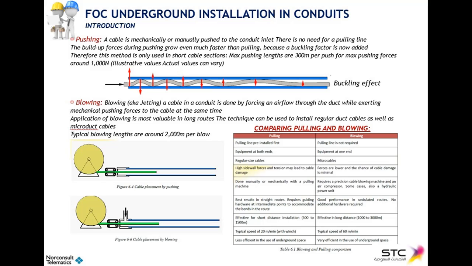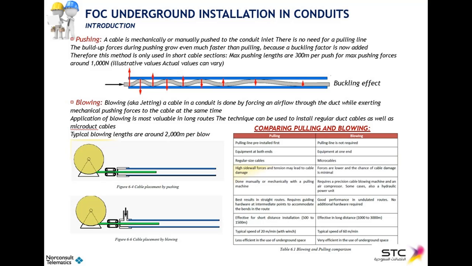So there are savings, not only in terms of cost, but also in terms of time, because you don't need to install pulling lines. Pulling requires equipment at both ends, because you install the cable drum on one side and the pulling device on the other, whereas blowing requires equipment only on one side.